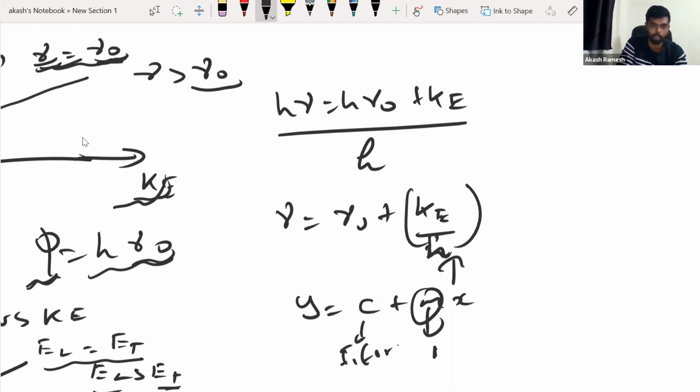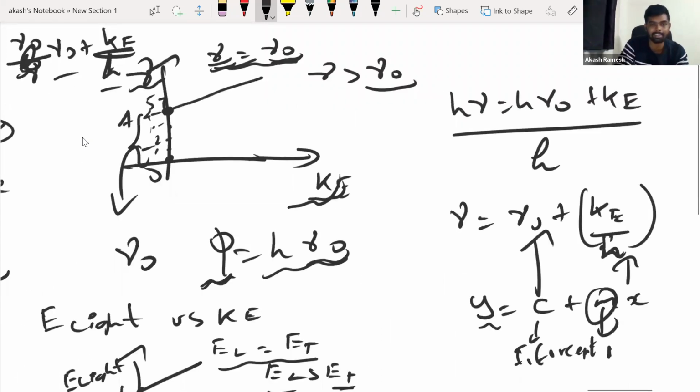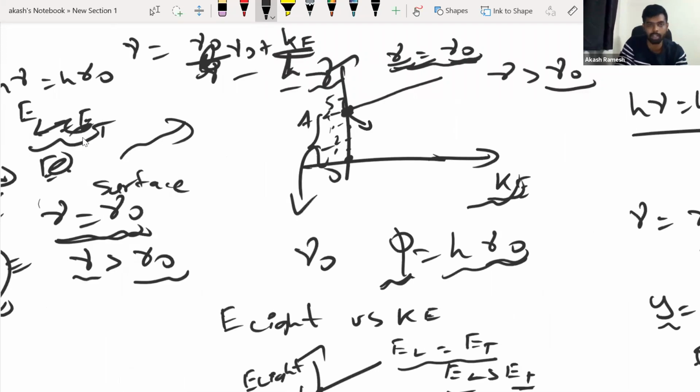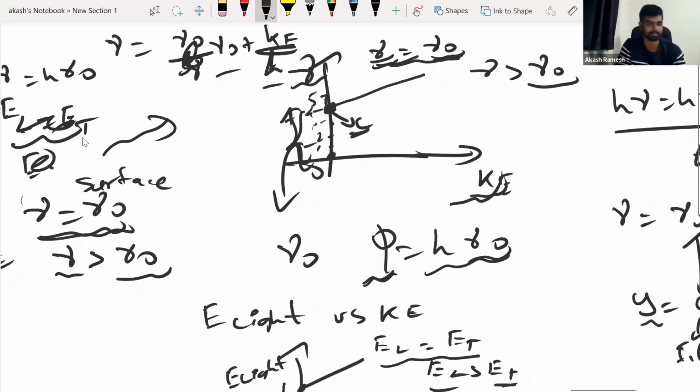I hope you all know straight lines: the equation is y is equal to mx plus c. This c will come when the x value is 0. Whatever value I have here is my c value, and according to the straight line equation, that c is nothing but the threshold frequency.